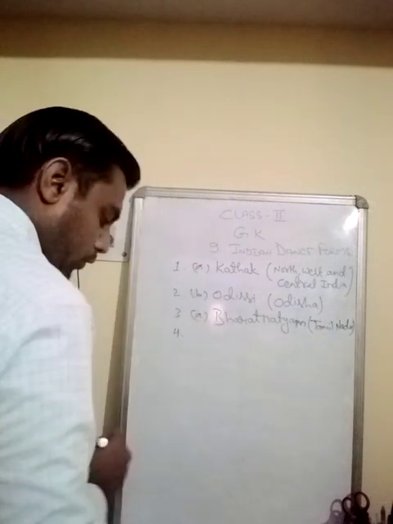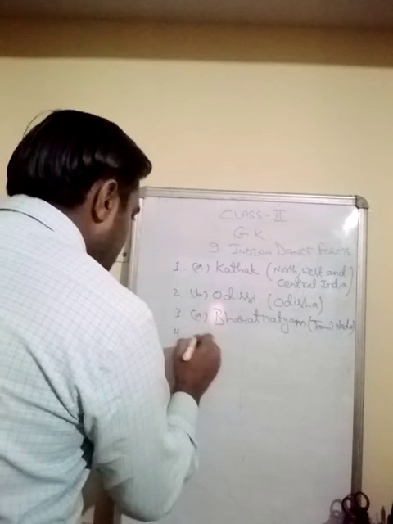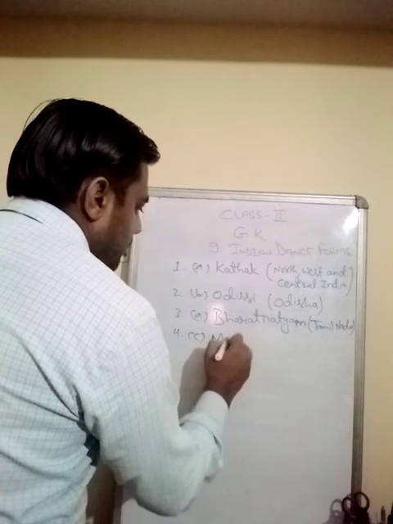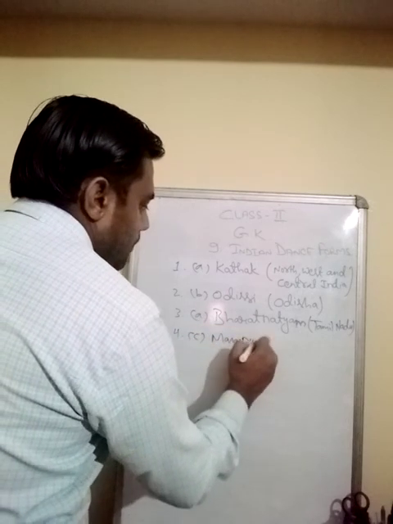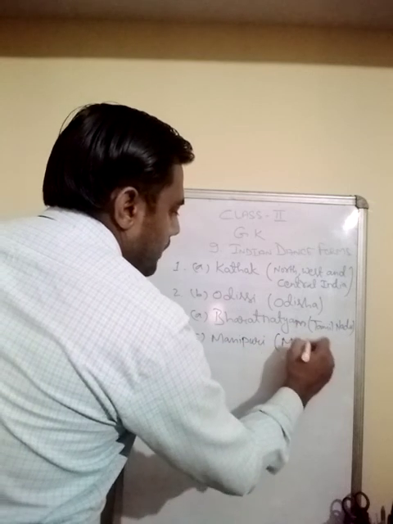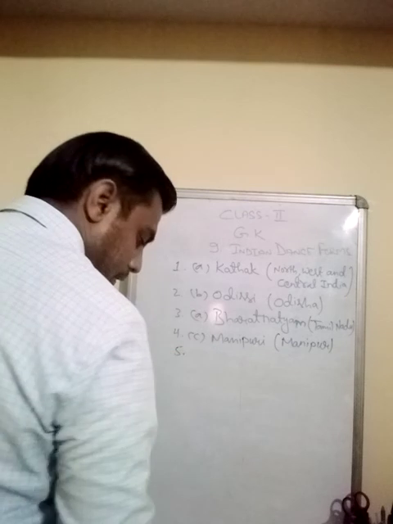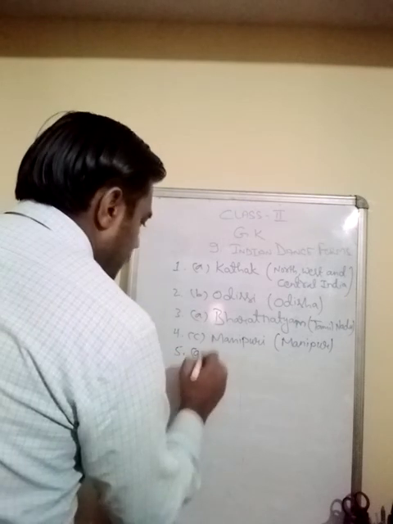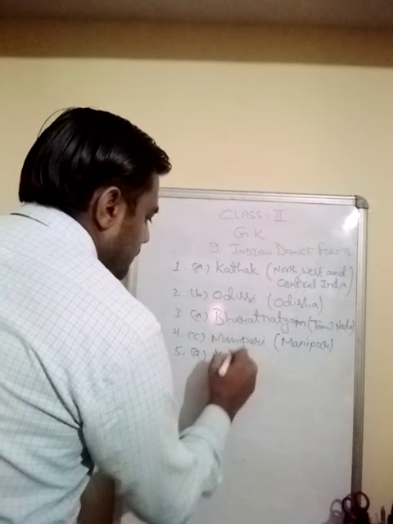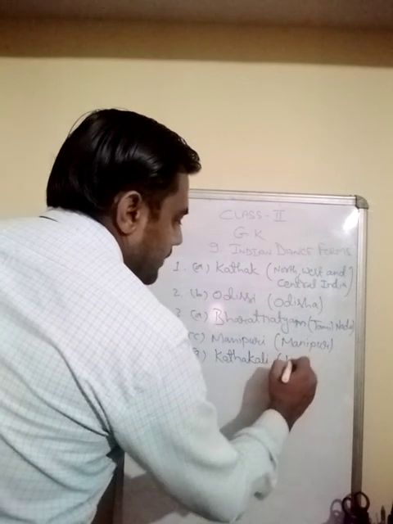For number 4, option C, Manipuri, popular in the state of Manipur. And for the 5th one, your correct answer is option A, Kathakali, famous in the state of Kerala.